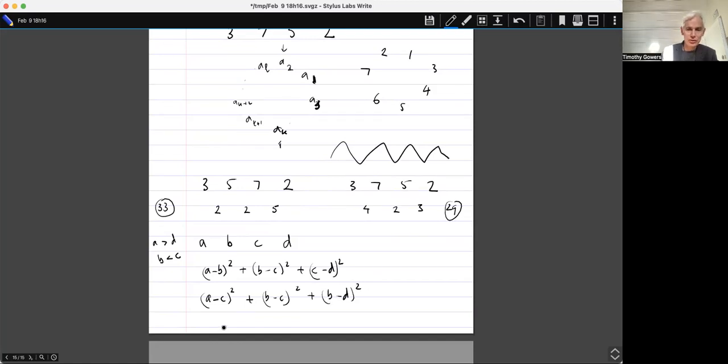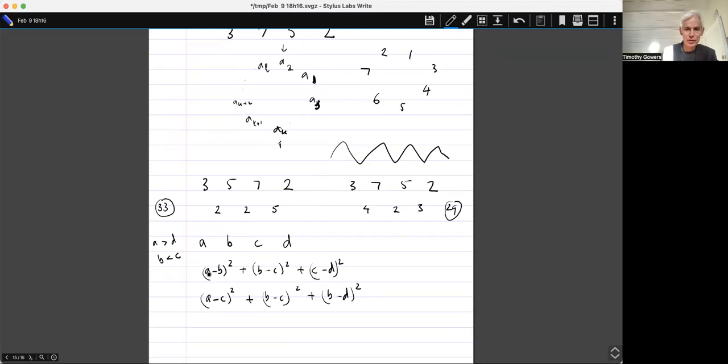And that's looking promising, because those two obviously I don't have to think about. So let's think more carefully what we have to compare with. Up here, forgetting about the (b minus c) squared, we're going to have a squared, b squared, c squared, and d squared. And here we're going to have a squared, c squared, b squared, and d squared.